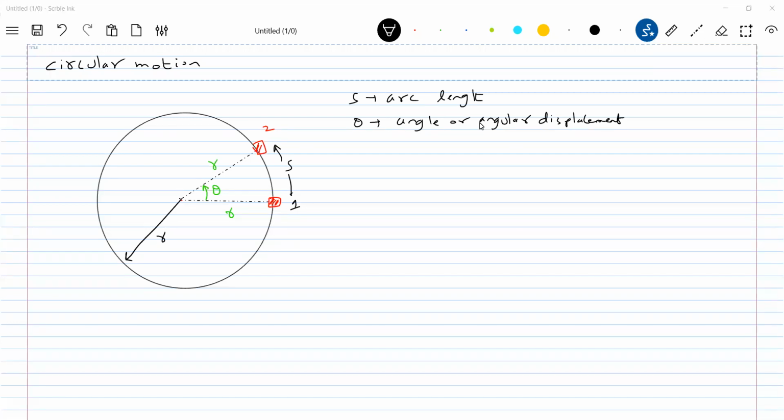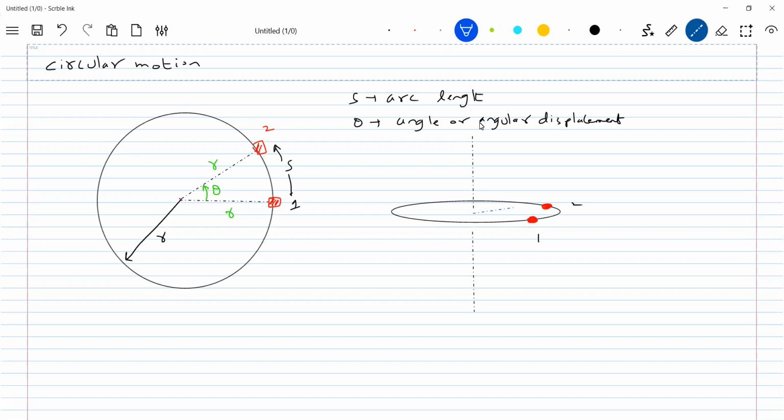Now if I draw the plane diagram, let's take it like this. So this is the vertical plane. The particle 1 was here, and after some time, it will reach here. This is 1, this is 2.